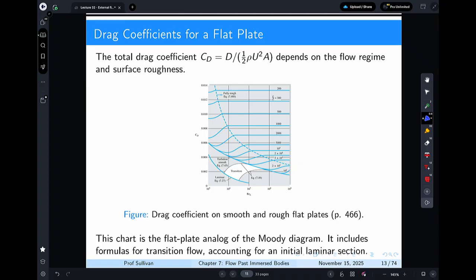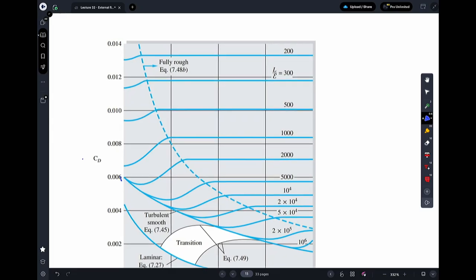Again, with turbulence and laminar flow, in this course, this is a mystery, and you kind of ignore it. But over here, you have C sub d versus Reynolds number, and you have it as a function of roughness. But unlike pipe flow, you don't do epsilon over d, you do L over epsilon.